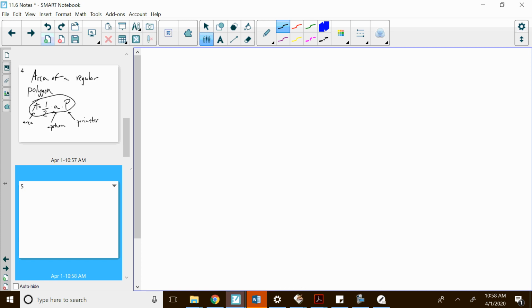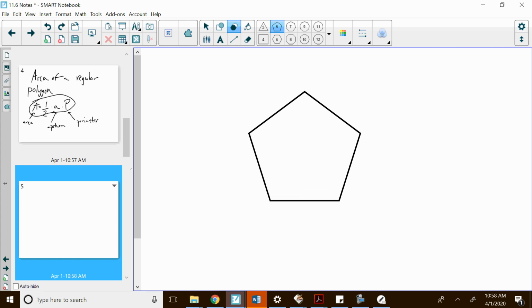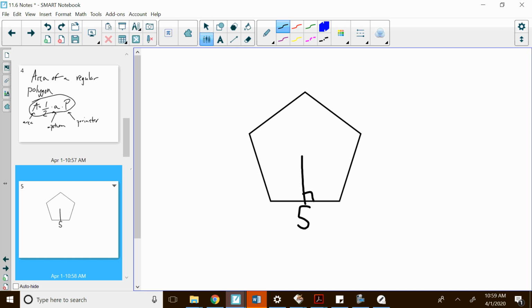Okay, let's go with a pentagon, and here's what's nice. If they give us, let's say, a side length here, I'm going to do some math so I don't mess up what the apothem would be, because it turns out if you have a side length of 5 and you're a pentagon, the apothem can only be 1 length if it's regular. You can't just put in 6 or 7 or 8 or whatever you want, because that would throw off whether it was regular or not.